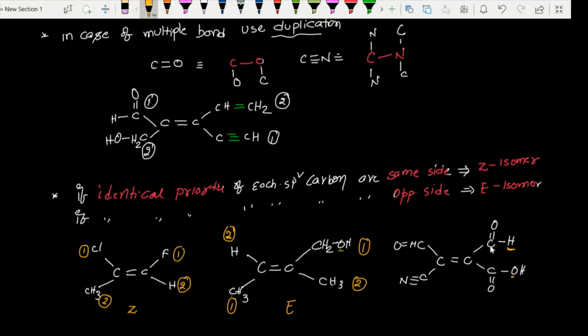So up to these, the priorities are the same. Then the difference is here, so this is 1 and this is 2. And here C triple bond N, C double bond OH. Here it is connected to oxygen, it is connected to nitrogen. Even though it has a triple bond, the three are nitrogens, which have the lower atomic number. So here oxygen is highest priority 1, and the other is 2. So 1, 1 on opposite sides, 2, 2 on opposite sides. Opposite means enemies. So E isomer.